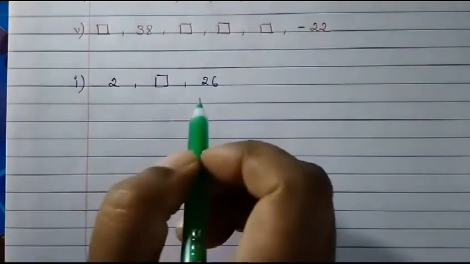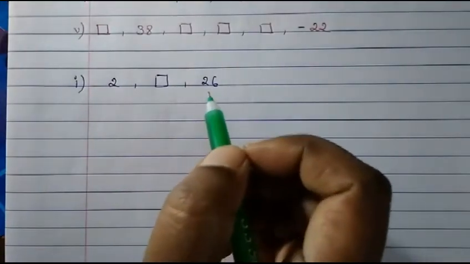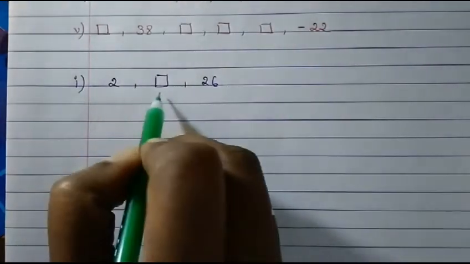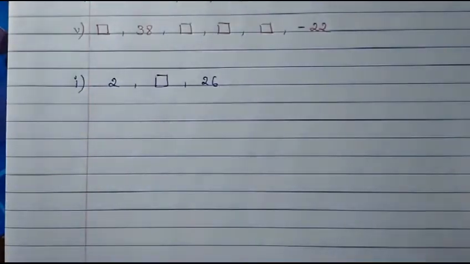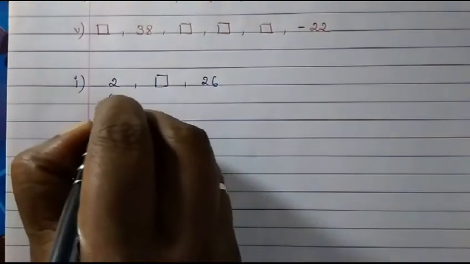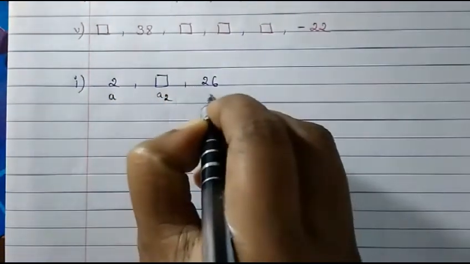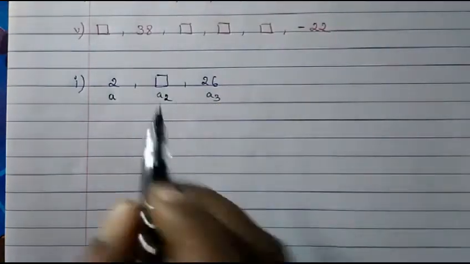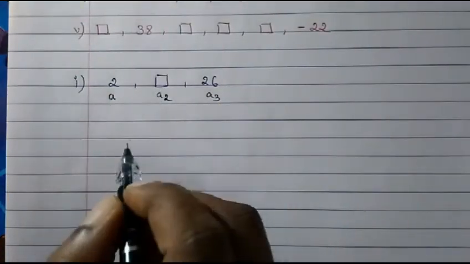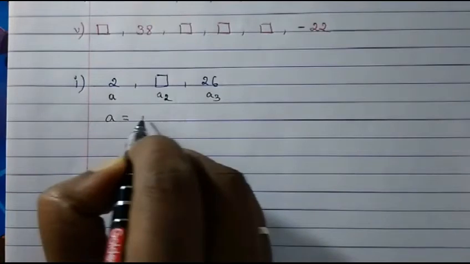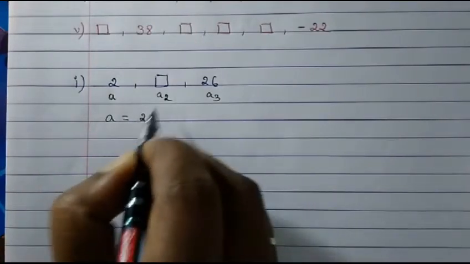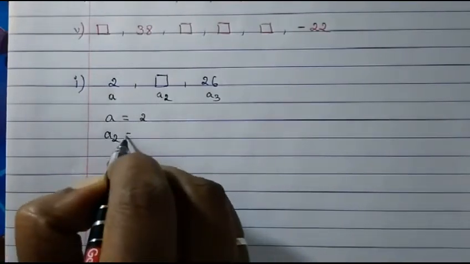In the introduction part, exercise 5.1, I have explained to you how we find the second term. The first term we call A, or A1. Then this is A2, then this is A3. So A we have, that is 2, then A2. Now A2, how do we find it?